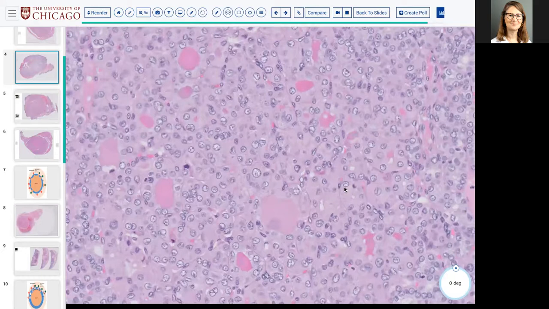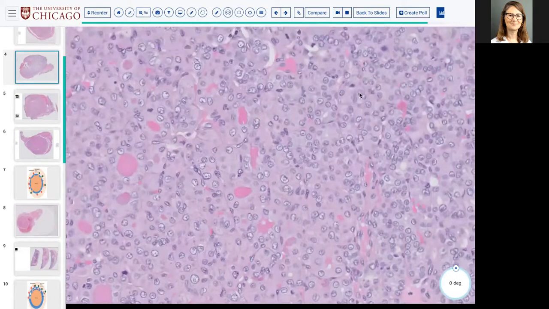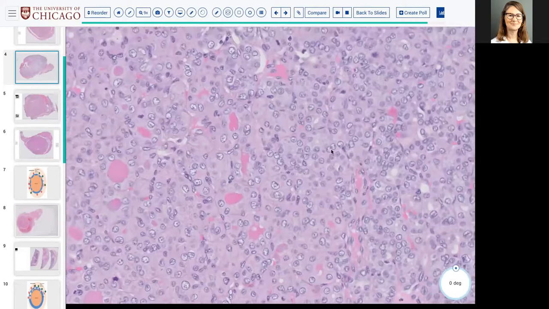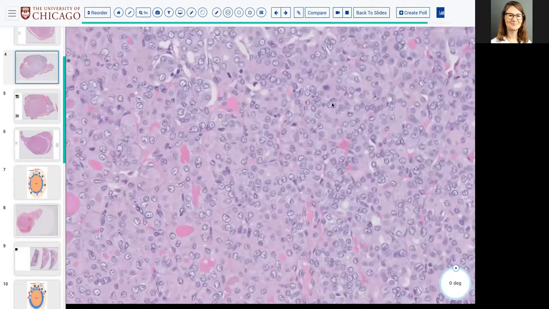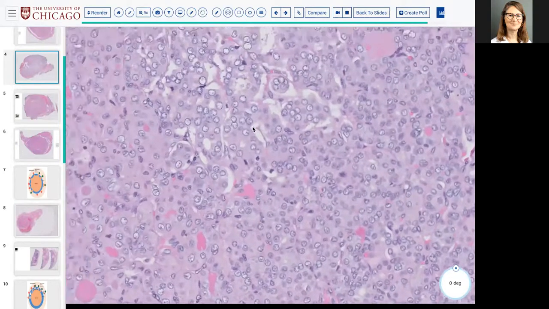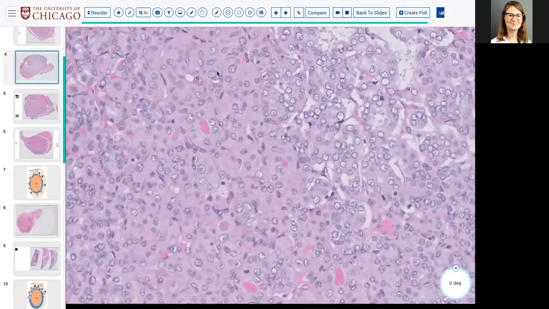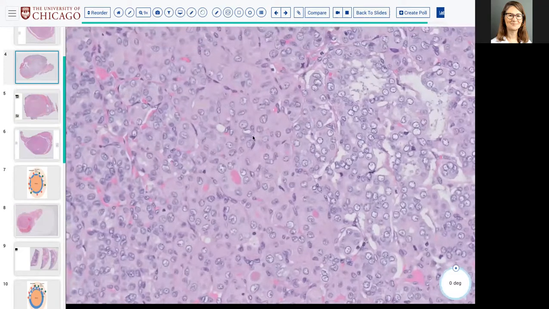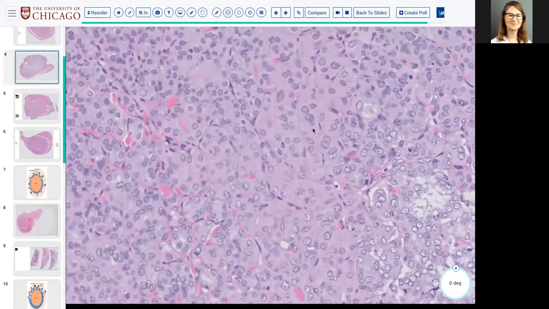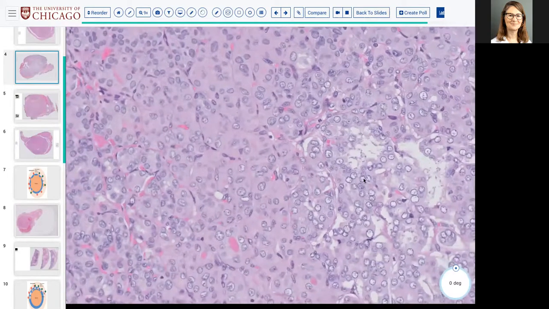If you could see septations or fine lines or vessels that separate these areas, almost like a paraganglioma, like little Zellballen, I would regard these as really tightly packed compressed follicles rather than true solid growth. We'll see solid growth later, but I would argue that this is not quite yet solid. It's just really tightly packed follicles, maybe a few trabeculae or elongated cords.